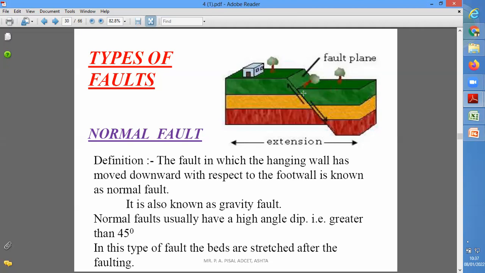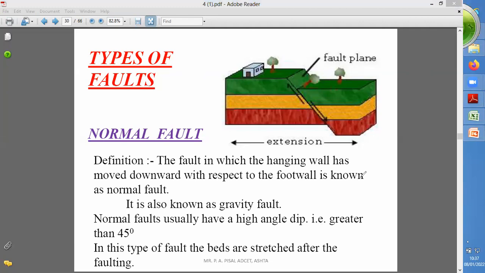When the fault is there, we now have to know what is the meaning of hanging wall and what is the meaning of footwall. Here, when you look, this is the fault plane. Just wait, I will use another color here. This is the fault plane where the blocks move relative to each other.